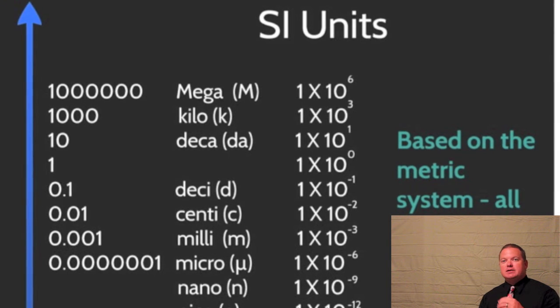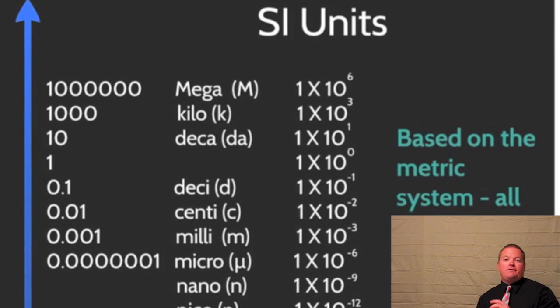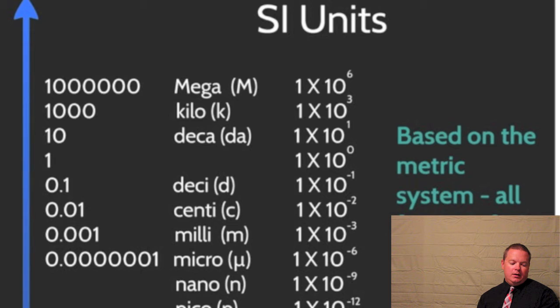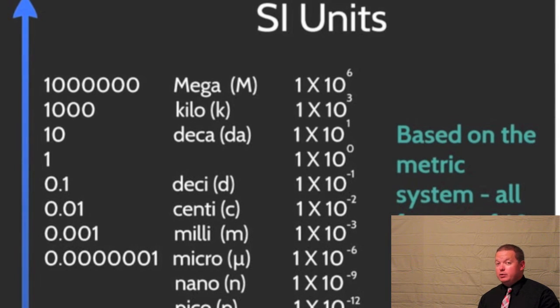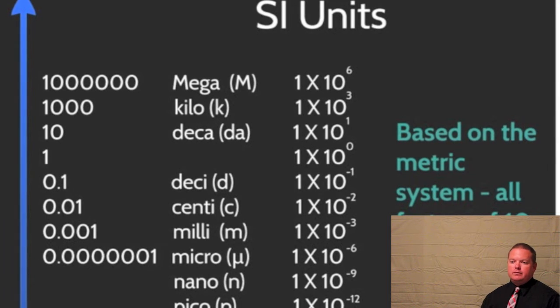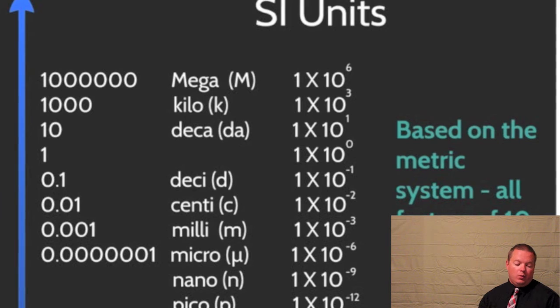To 100th, that's centi. To 1,000th, that is milli. And then we can go down further to millionth, which is micro, and then a billionth, which is nano, and then this very small unit of pico, which is 12 places, 12 zeros before the 1.